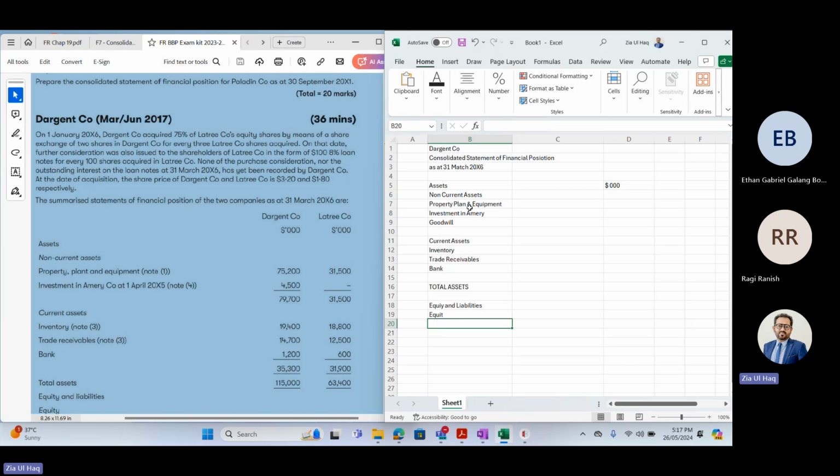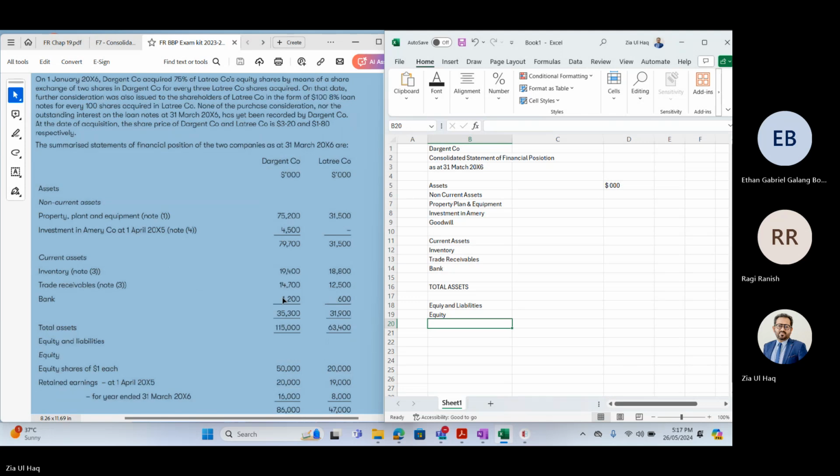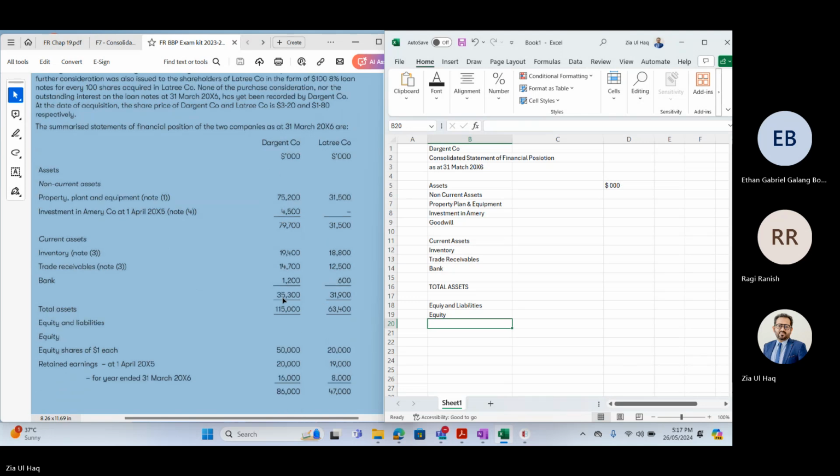Under equity, we are having share capital. Yes, equity share. We are having retained earnings. We need to record a non-controlling interest as well.